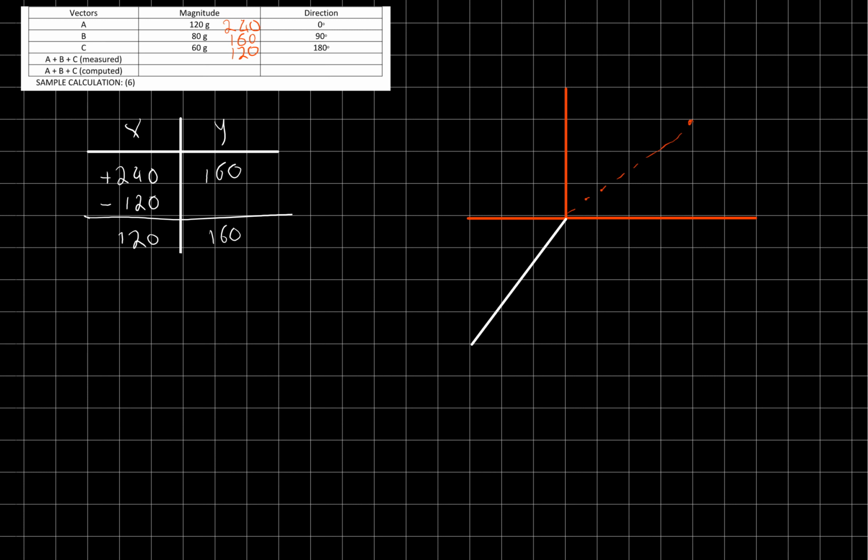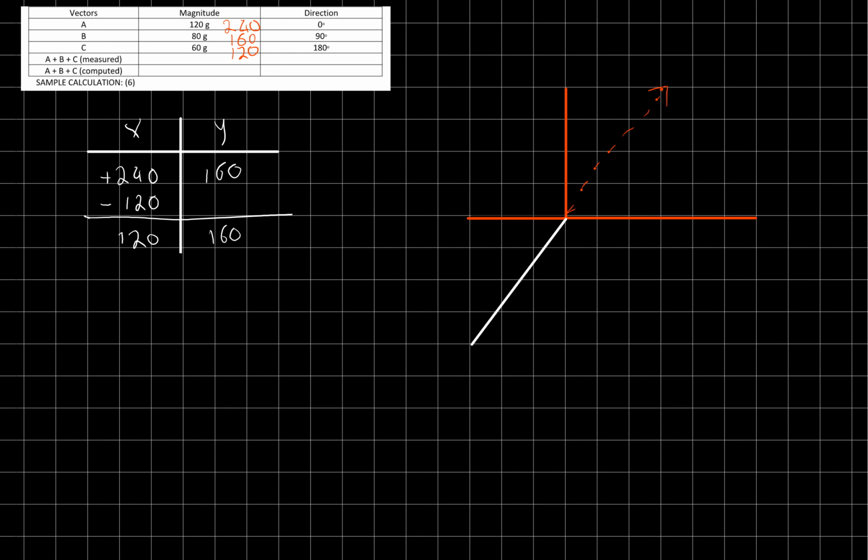So it's going to be, actually no, not that, it's going to be 3 and 4 up, like this. That's the resultant force. So the equivalent force is going to be opposite to that. So I think we're on the right track here.